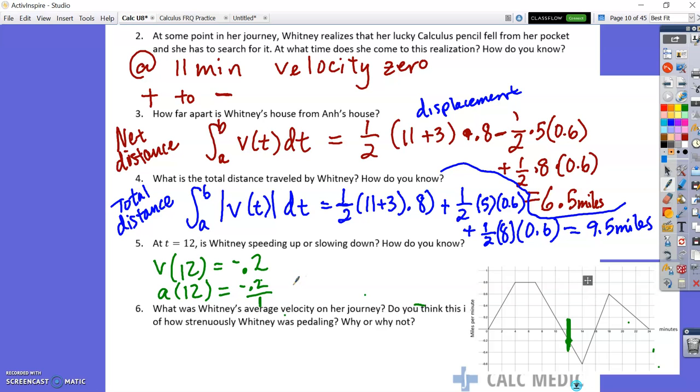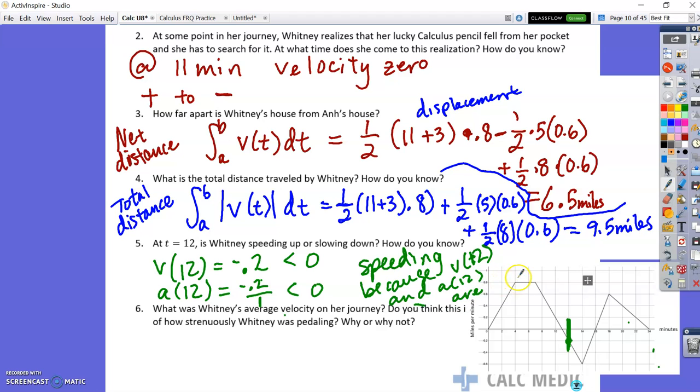And so our acceleration is also negative, which means they're both negative. You don't really need to know the numbers, you just need to say they're both negative. It's below the x-axis, and the slope is negative. That's good enough. And that means since they're both the same, she's speeding up, because velocity and acceleration are both negative.